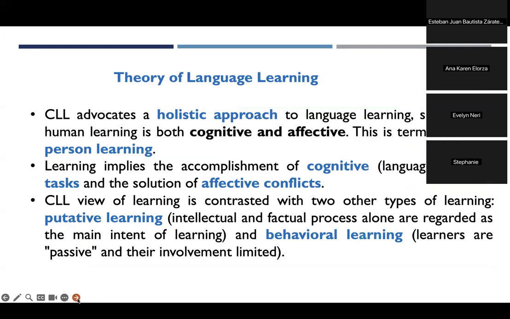Then, what's the theory of language learning? Community language learning, or CLL, advocates a holistic approach to language learning. And what is that holistic approach?